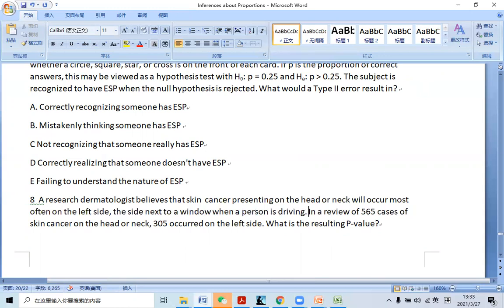You have a review of 565 cases of skin cancer, and 305 occur on the left. What is the resulting p-value?